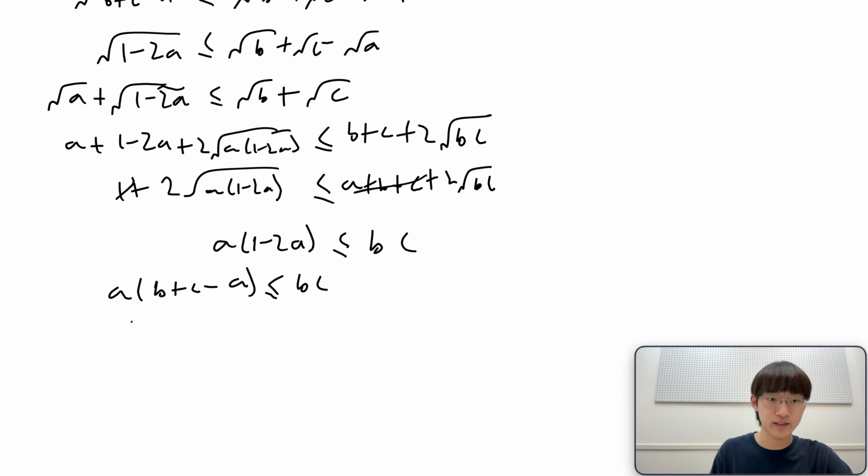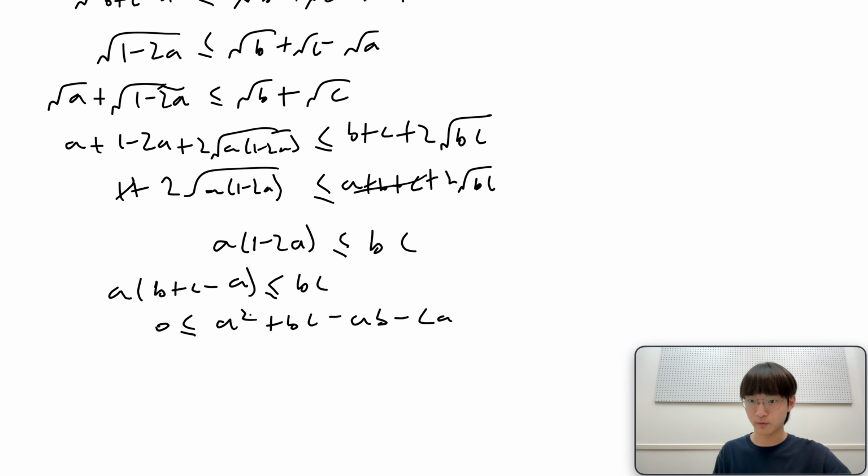Let's move these terms. We just have to show that a squared plus bc minus ab minus ca is greater than or equal to 0. Now, when we take a look at this term, we can factorize this to b minus a times b minus c.